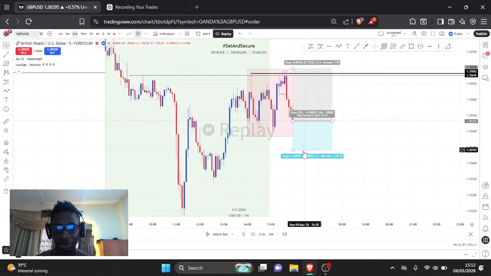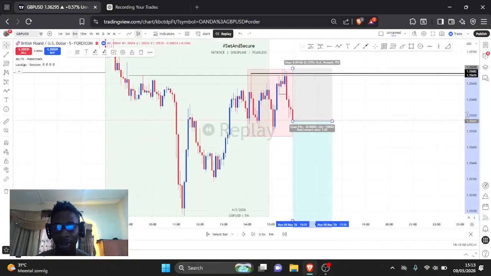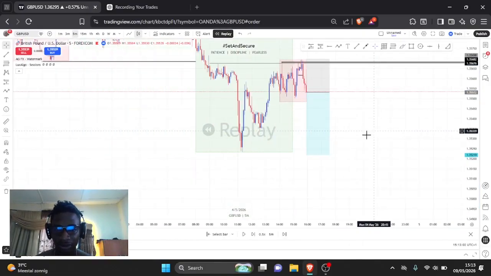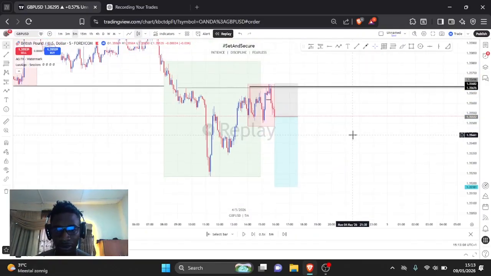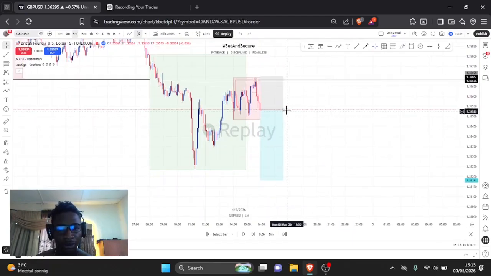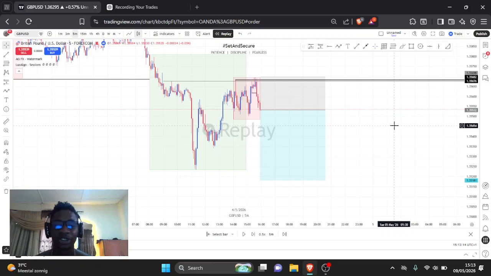But if I'm right, it's going to be a very, very quick entry, and we target 2 to 1. All I know is I put my stop loss where I'm very, very confident that if it gets stopped out, everything I've analyzed previously is wrong.